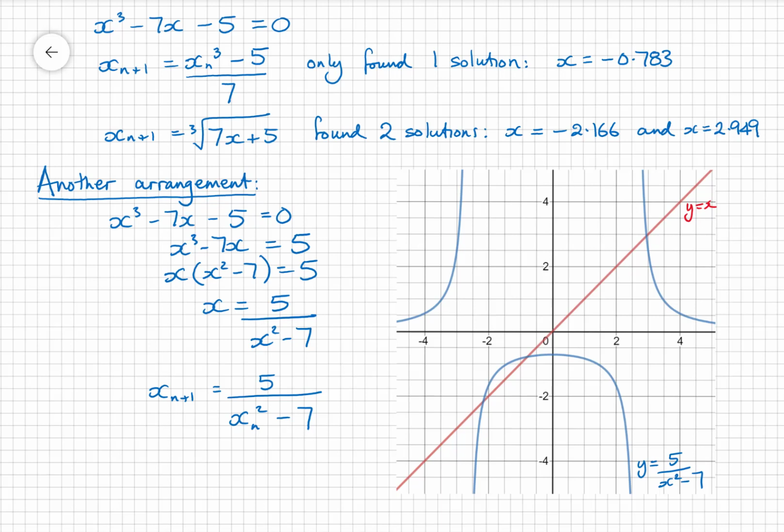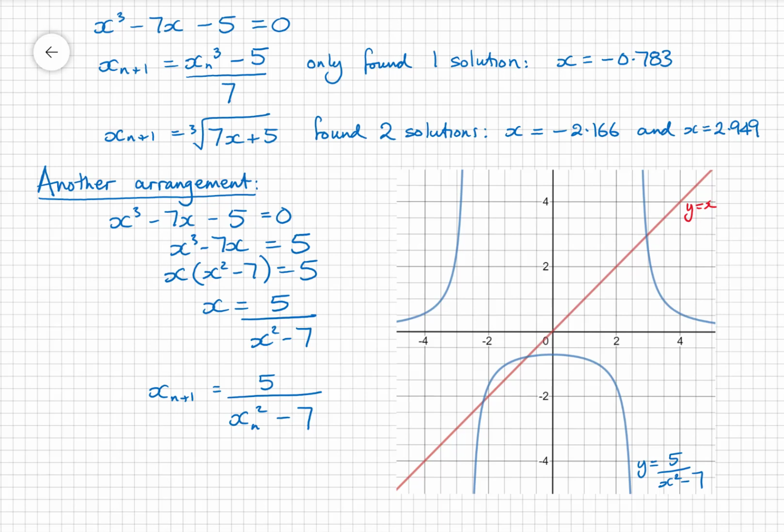I hope that you're already thinking, well, in this case there are some starting values that I can't use. Our curve has a discontinuity, and therefore we can't use either plus or minus the square root of 7 as starting values, because that would give us a 0 in the denominator and the method would fail even before it starts.